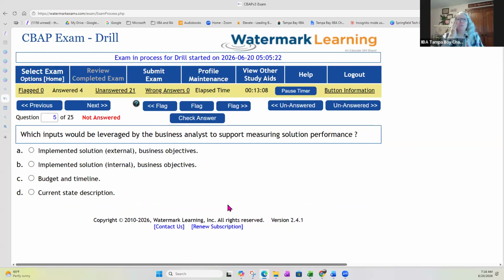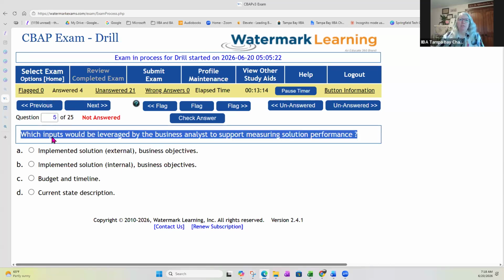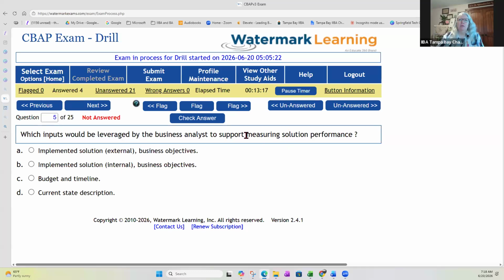Which inputs would be leveraged by the business analyst to support measuring solution performance? So we need inputs in measuring solution performance. Measuring solution performance is going to be the first task in the solution evaluation knowledge area. We need to know the inputs. Is it implemented solution external, business objectives; implemented solution internal, business objectives; budget and timeline; or current state description?